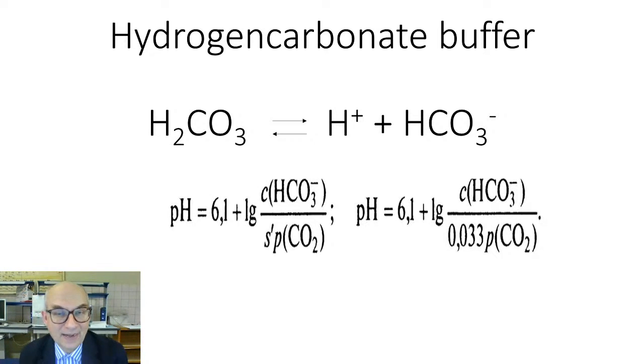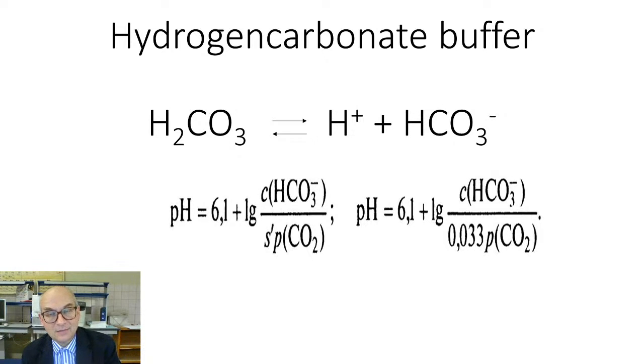This is an expression of the amount of carbon dioxide dissolved in water. S is the solubility constant, P of CO2 is the partial pressure of carbon dioxide over the blood.